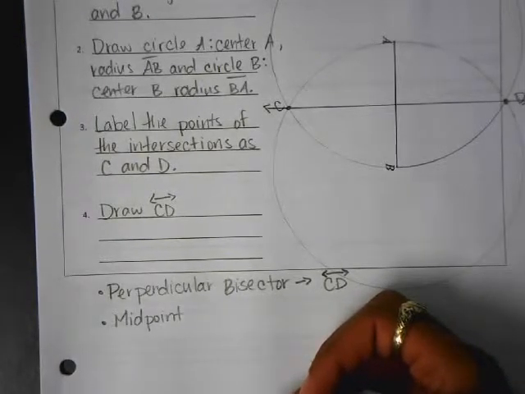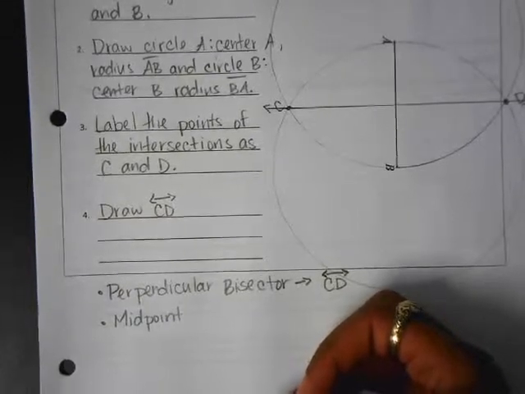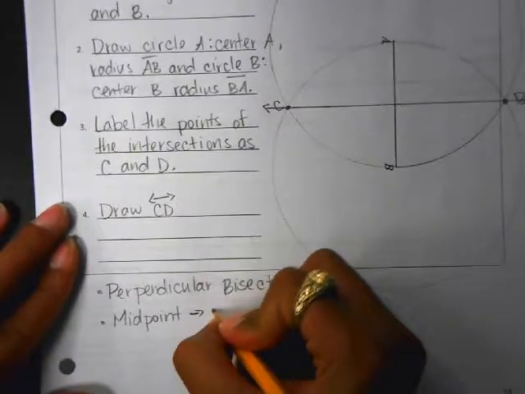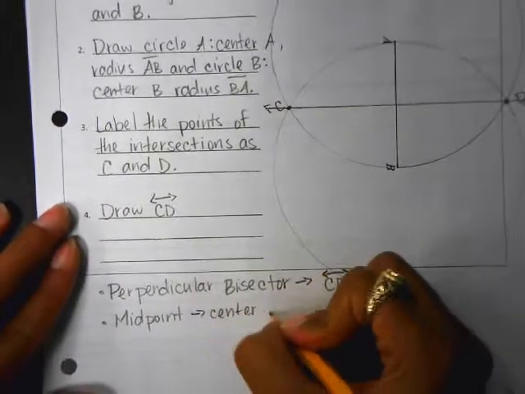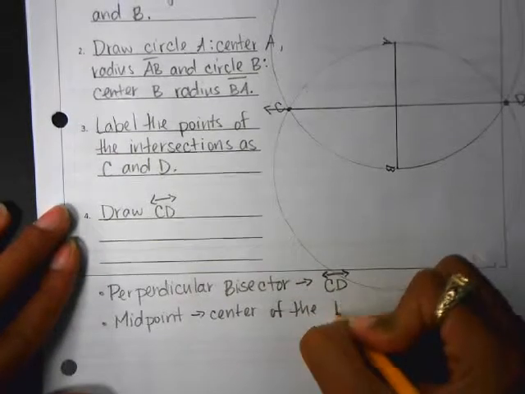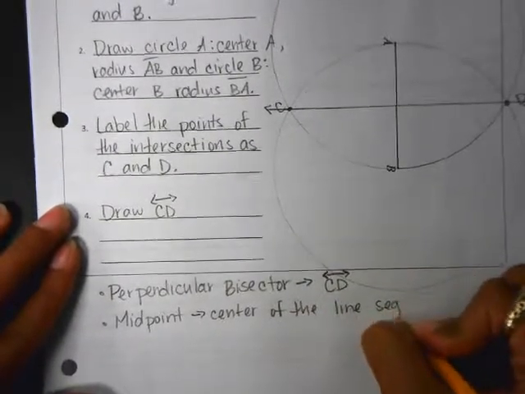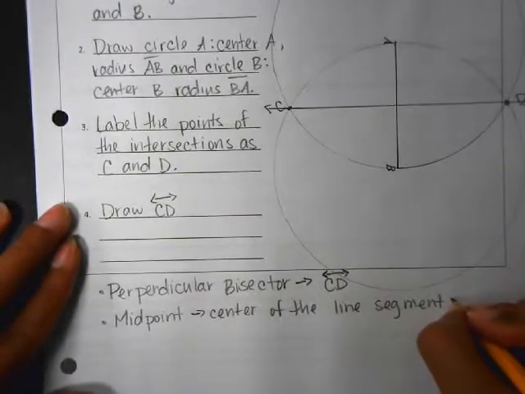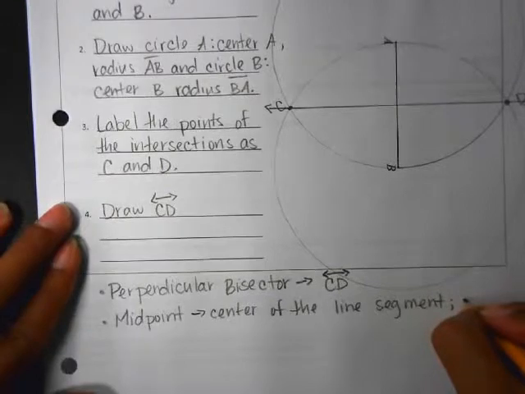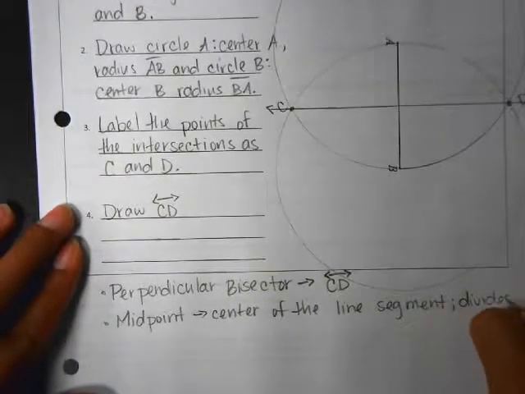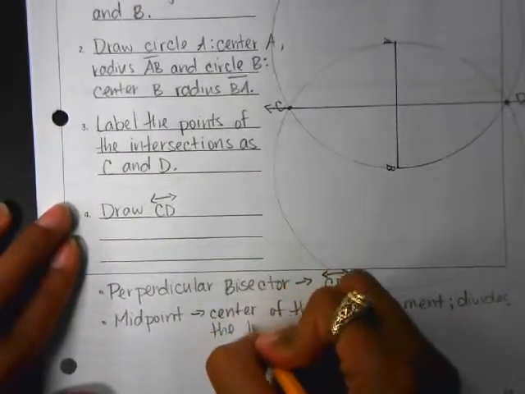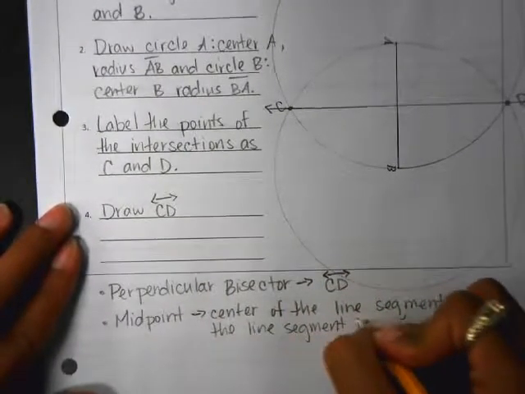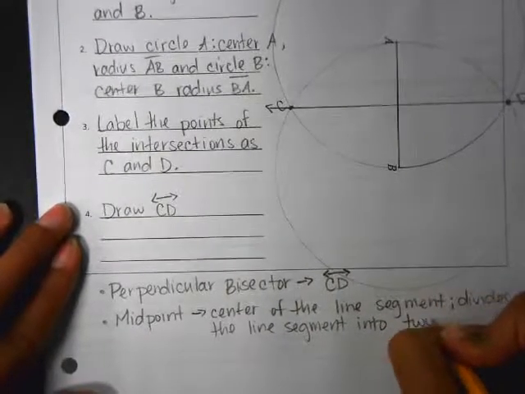So the midpoint is the center of the line segment. The midpoint divides the line segment into 2 congruent halves.